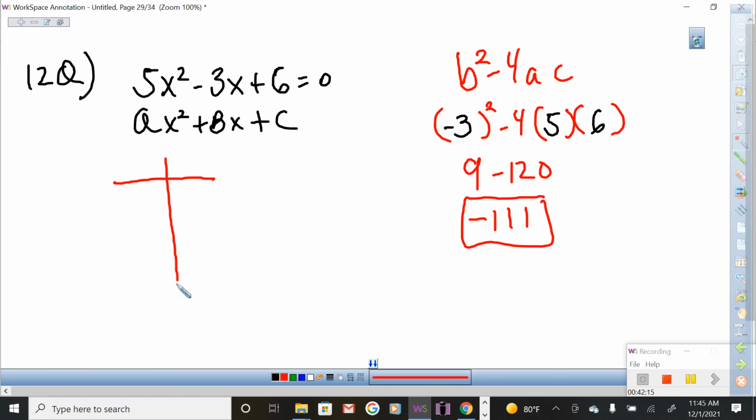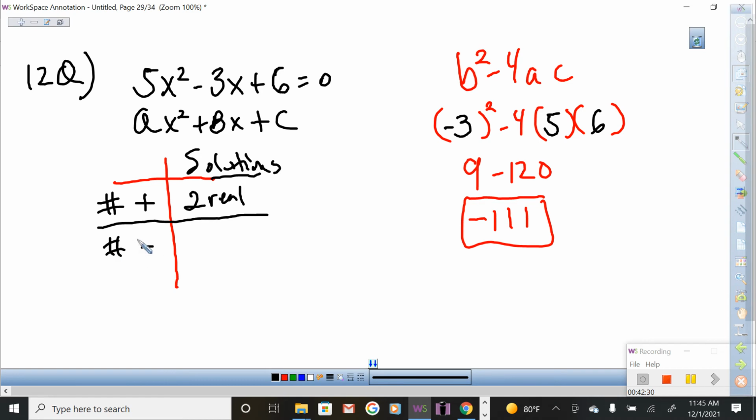Here's the table that I gave you some time back. If you have a number that's a positive, you get 2 real solutions. If you get a number that's a negative, you get no real solutions.